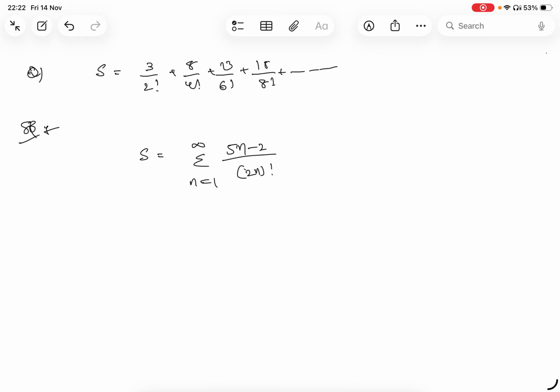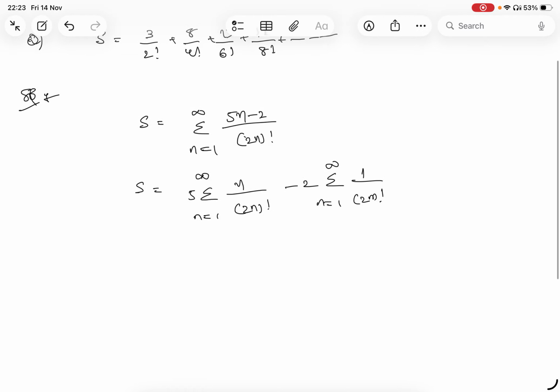Now let's solve for this. Now s equal to, let's separate this summation: 5 into summation n equal to 1 to infinity n by 2n whole factorial, minus 2 into summation n equal to 1 to infinity 1 by 2n factorial, right?